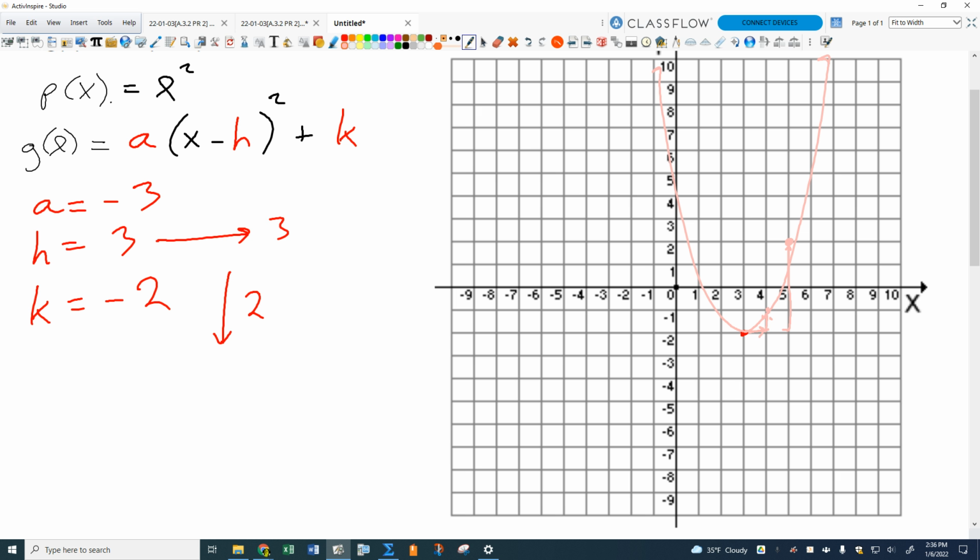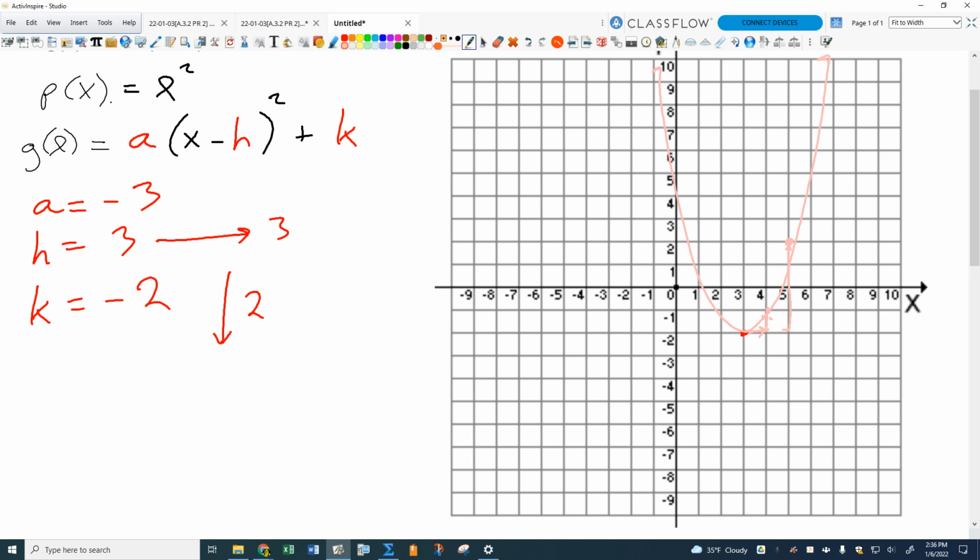Okay, but I'm multiplying by a dilation factor of -3. So all I have to do is multiply my normal parent heights by the dilation factor. So for example, instead of going over 1 and up 1 from the vertex, I'm going to go right 1 and up 1 times -3, right?